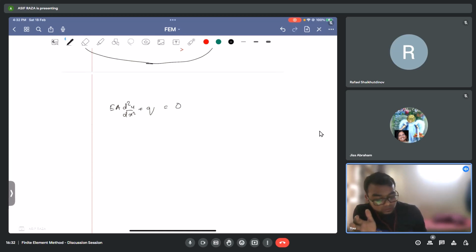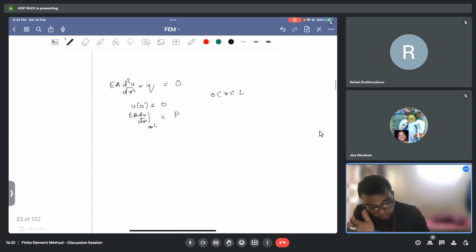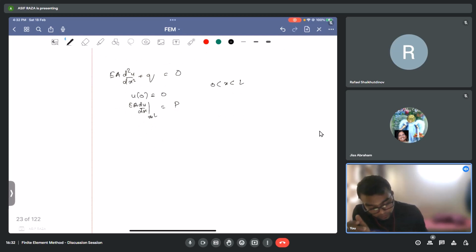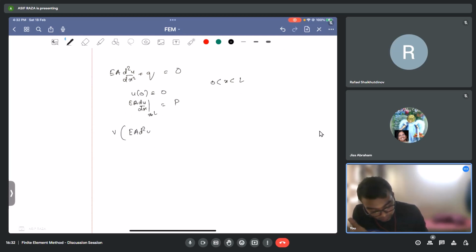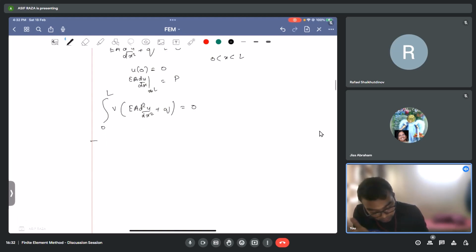This is applicable throughout the domain, and we have some boundary conditions, say this and EA du by dx at L equal to some P. What we do is multiply with the weight function throughout the domain.